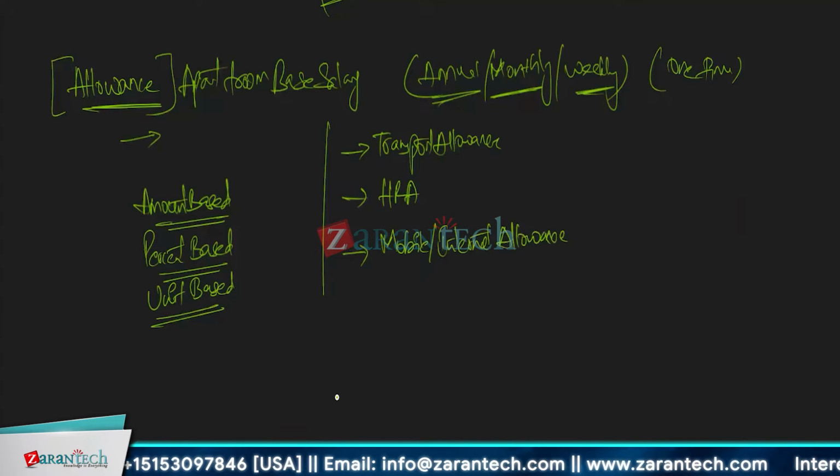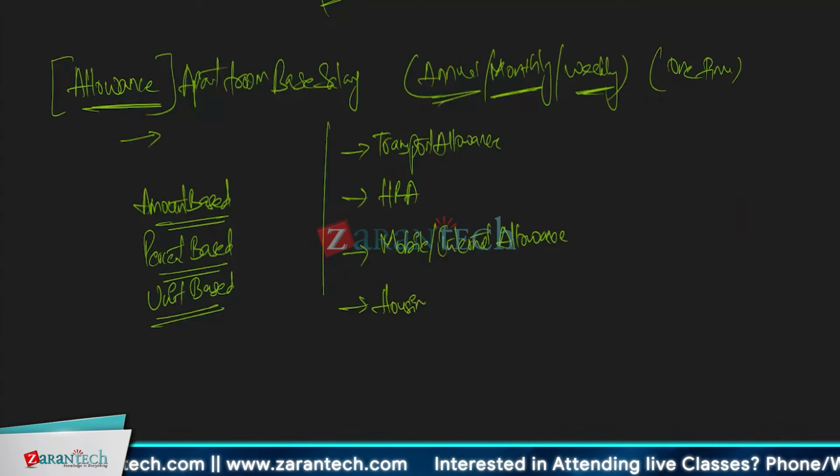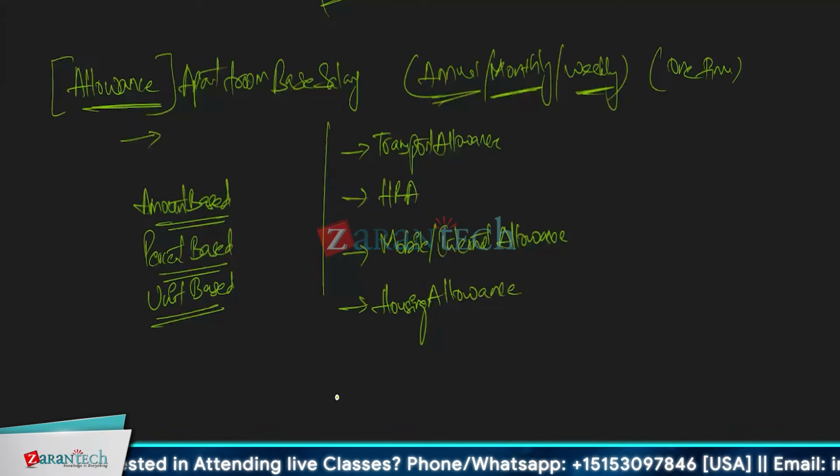So there can be different types of allowance, housing allowance. Different companies will have different types of allowance plans for different countries, and all those you can configure in Workday. There are three ways you can configure: as an amount-based allowance plan, a percentage-based allowance plan, or a unit-based allowance plan.